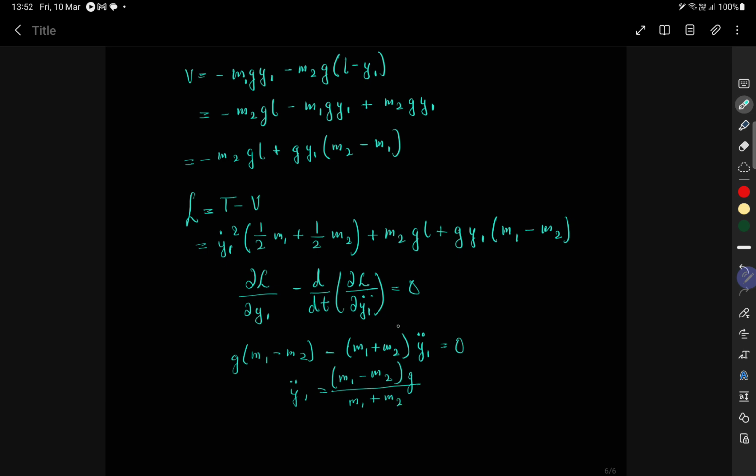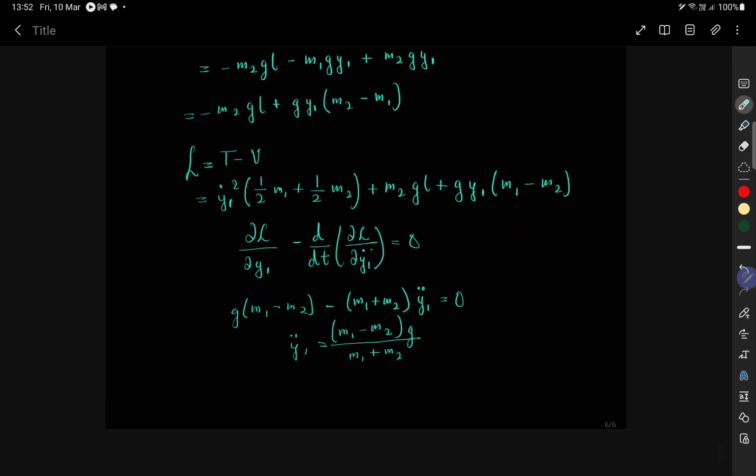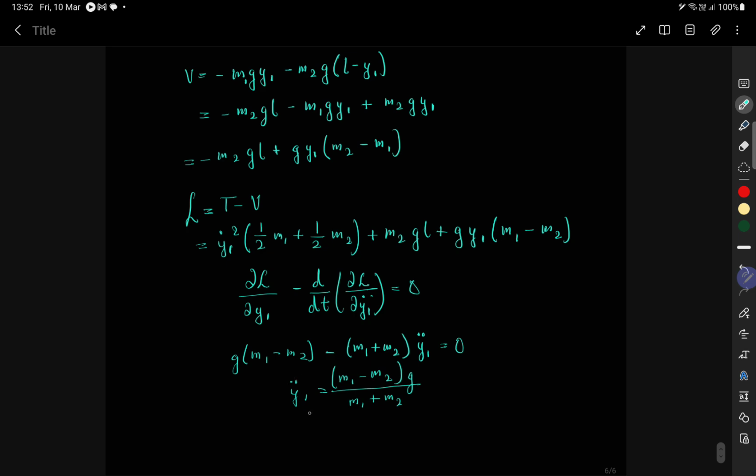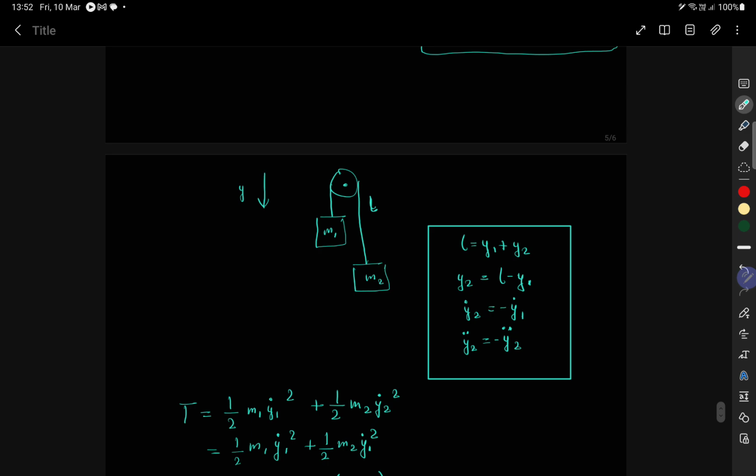You can just figure that out by shifting this to this side, or just adding m1 plus m2 times y1 double dot, and then dividing both sides by m1 plus m2.